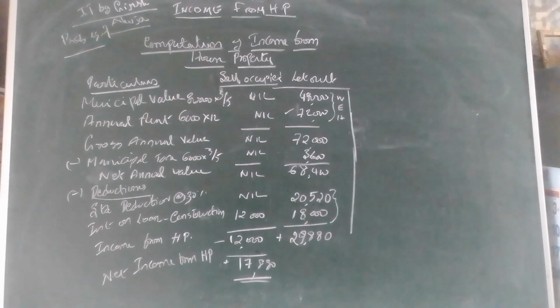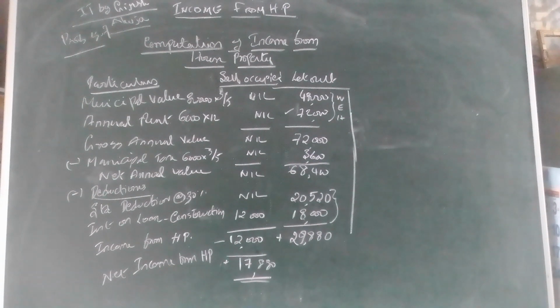Okay. Then coming to the let out property. Municipal value, the total amount given, comes to 80,000. Of that, 2/5 is self occupied, so 3/5 we have to take for the let out property. Then annual rent is 6,000 rupees per month, so 6,000 into 12 we have to take.